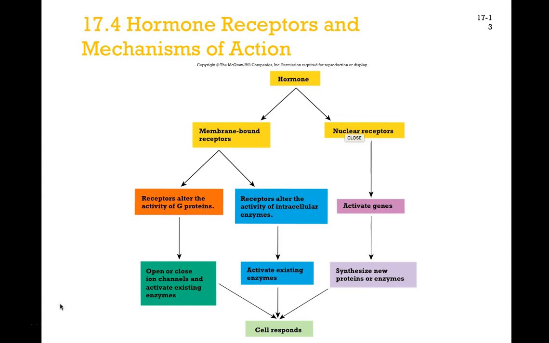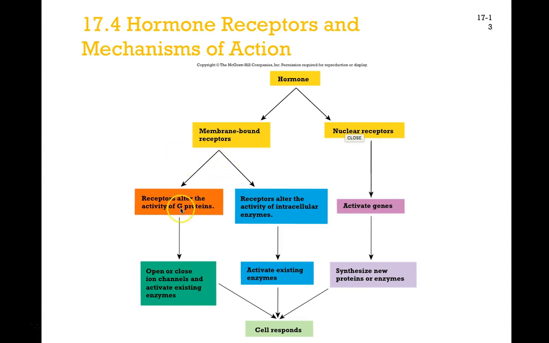So we already know that our hormones can be broken down into two classes: a water-soluble hormone classification and a lipid-soluble hormone classification. Our water-soluble hormones are going to attach to the membrane-bound receptors.